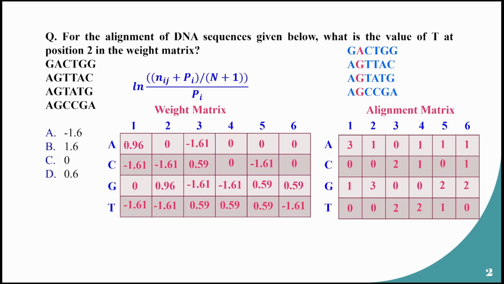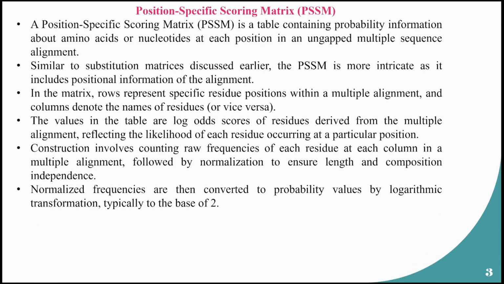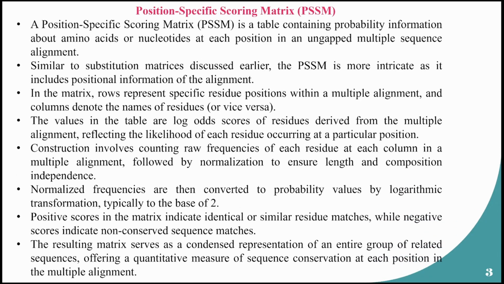Apart from the alignment matrix and weight matrices, one other component discussed was the position specific scoring matrix. It is a positional calculation of the prominence or occurrence of particular amino acids in a sequence. Following multiple sequence alignment, we have to calculate the log odds score and convert that to log base 2.